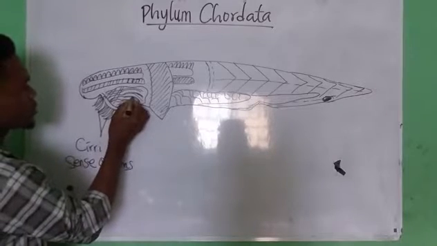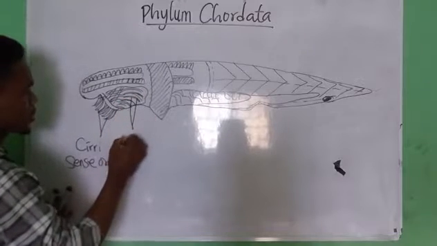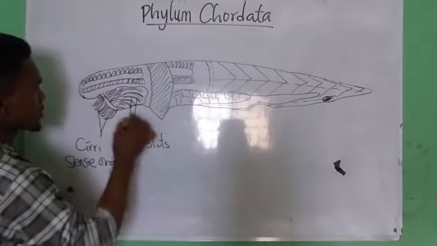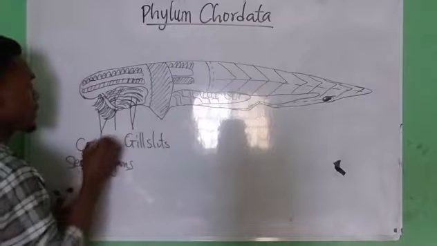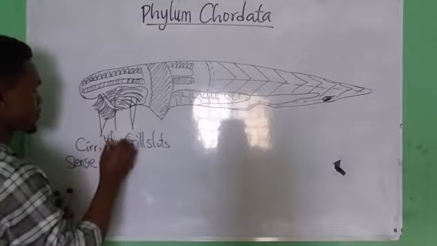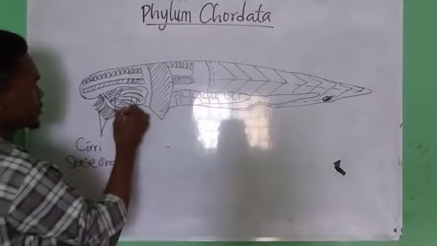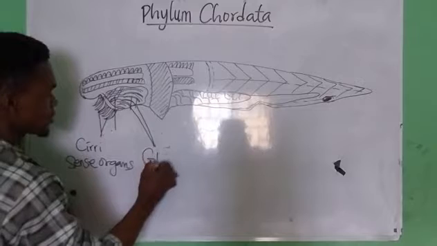Now, these very structures here are called the gill slits. Then around this region, you have the velum. Let me extend it. Sorry. Here you have the gill slits.